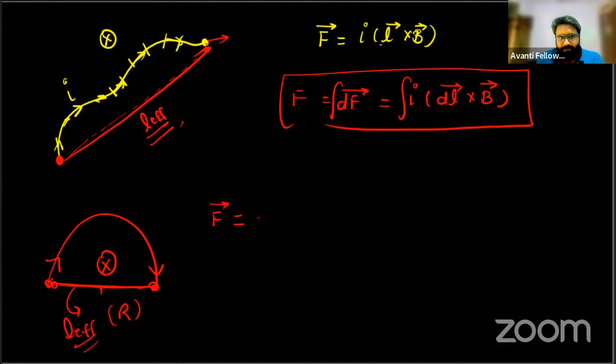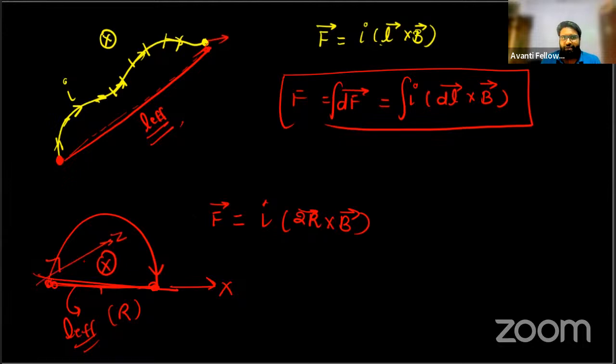So force vector here will become I into L effective, which is 2R, into cross B vector. Now look, 2r vector is in the x direction and the magnetic field is in the negative z direction. What is the angle between them? 90 degrees.